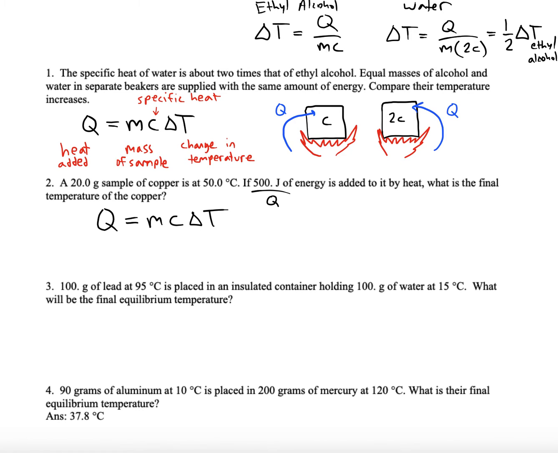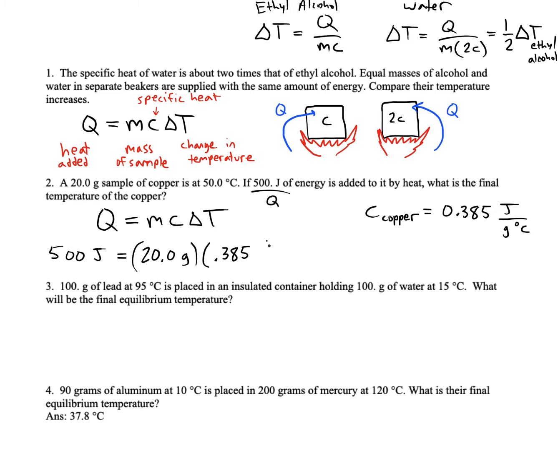Alright, so I'm just going to go to Google. I'll just search for the specific heat of copper. Okay, it's saying that the specific heat of copper is 0.385 joules per gram degree Celsius. So I'll just plug in everything I have: 500 joules, 20 grams, specific heat of 0.385 joules per gram degree Celsius.